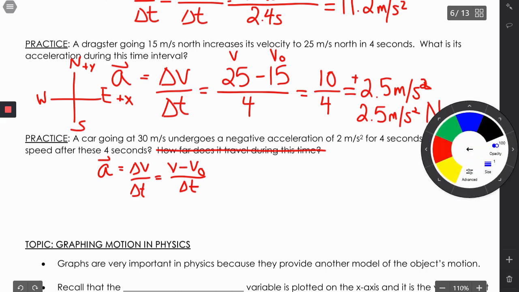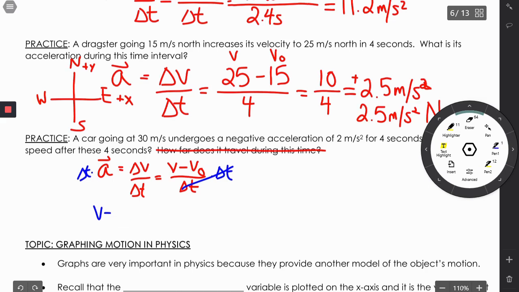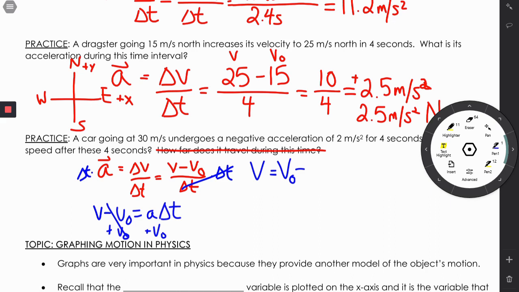So first step we're going to multiply both sides by delta T. So it cancels here, and now I have V minus V0 equals A delta T. Then we're going to add our initial velocity, so that would go away. So for the final velocity, we get V equals V0 plus A delta T.